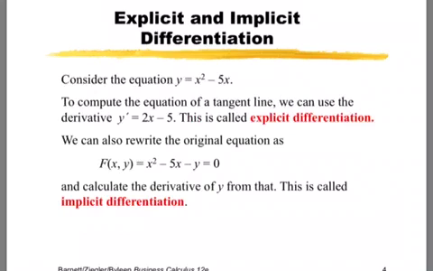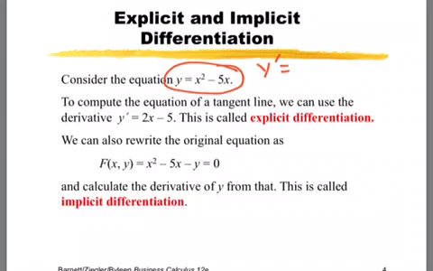Explicit and implicit differentiation. Consider the equation y equals x squared minus 5x. To compute the equation of a tangent line, we can use the derivative y prime equal to 2x minus 5. This is called explicit differentiation. So before, we just took the equation y equals, and we took y prime of that equation.